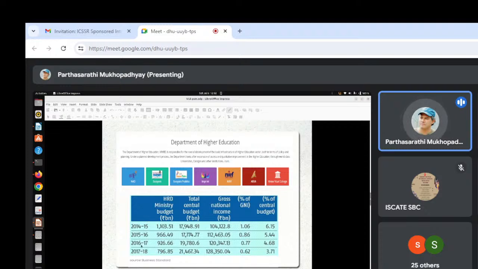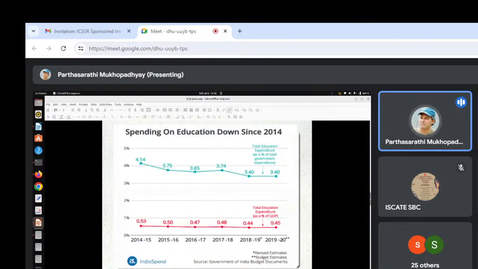Our financial budget is decreasing from 14-15 onward. As a percentage of the central budget, it was 6.15 and in 17-18, 3.71. I have the latest data also from 19-20. You see how it is decreasing as a percentage of the total government expenditure from 4.14 to 3.40.